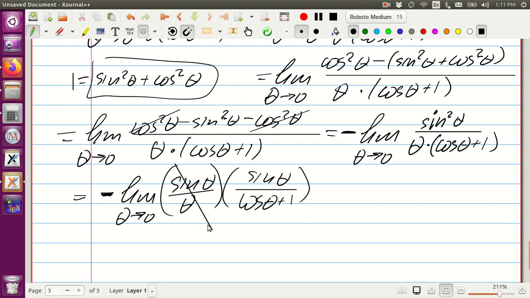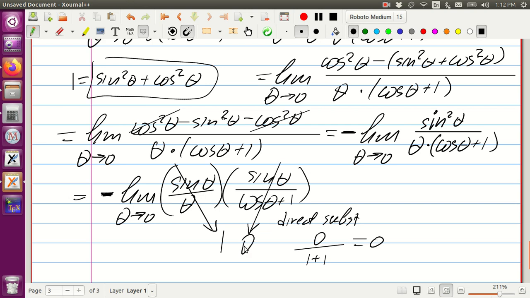What do we know about this? Sine theta over theta, when theta goes to 0, goes to 1. Then for the quantity on the bottom, if we plug in 0, we're going to get 2. But the numerator is 0, right? So if we use direct substitution for this one, we're going to get 0 over 1 plus 1, which is 0.